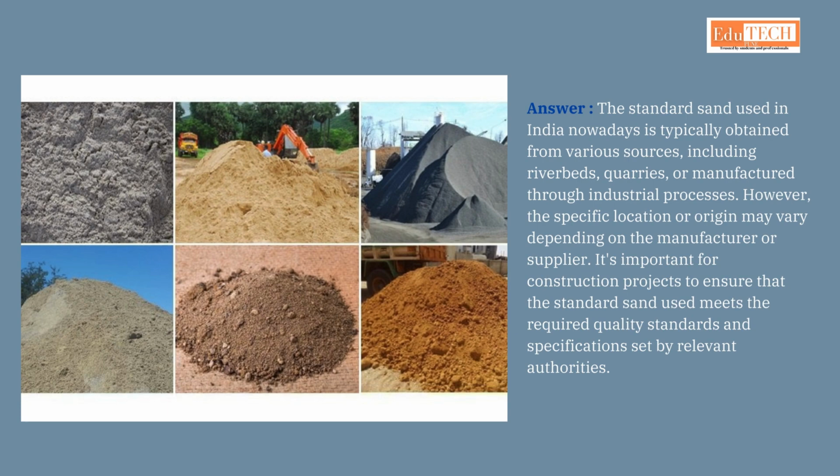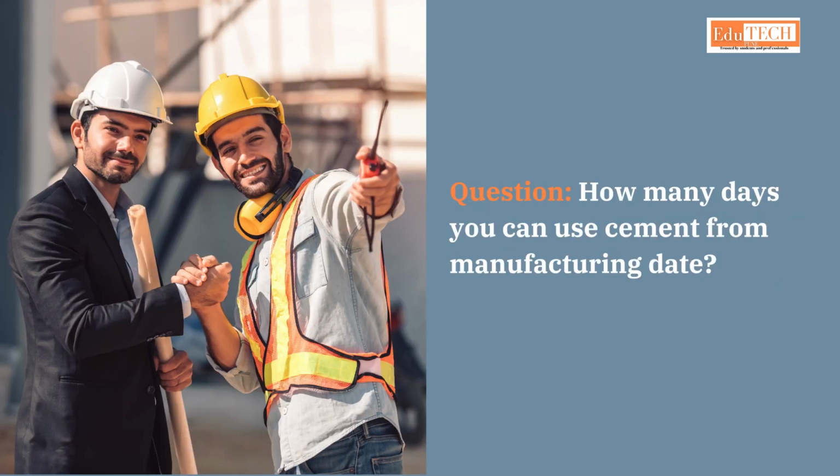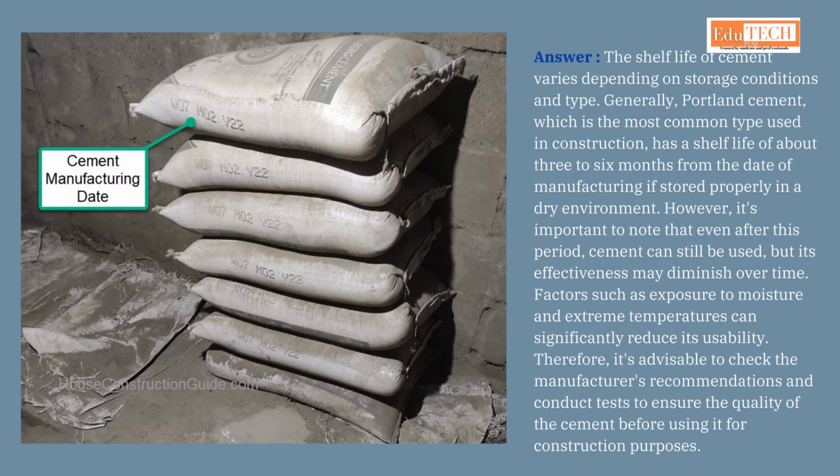by relevant authorities. Question: how many days you can use cement from manufacturing date? Answer: the shelf life of cement varies depending on storage conditions and type. Generally, Portland cement, which is the most common type used in construction, has a shelf life of about 3 to 6 months from the date of manufacturing if stored properly in a dry environment.